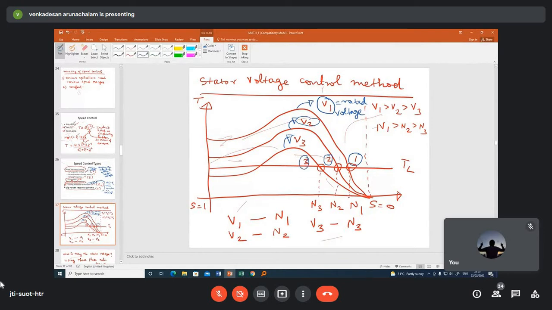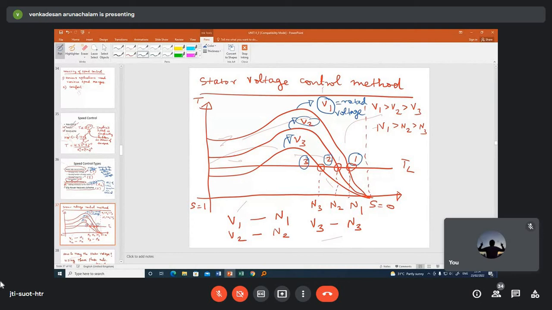Generally, I want to define the operating point. The operating point is the point with which the motor is operating. That is one way of understanding it.